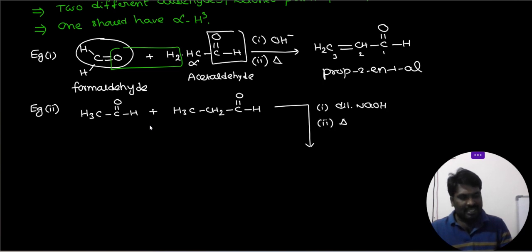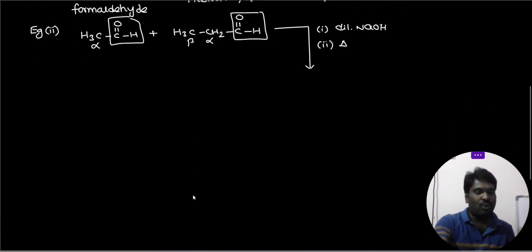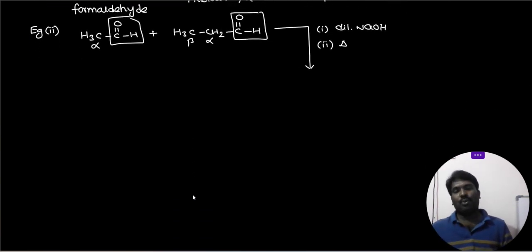Now, in acetaldehyde, alpha carbon and alpha hydrogens are there. In propanaldehyde, yes, alpha hydrogens are there. So both molecules have alpha hydrogens. That's why here 4 products are formed: 2 self-aldol, 2 crossed aldol. So very important, 2 self-aldol, 2 crossed aldol. 4 products are formed because both aldehydes have alpha hydrogens.